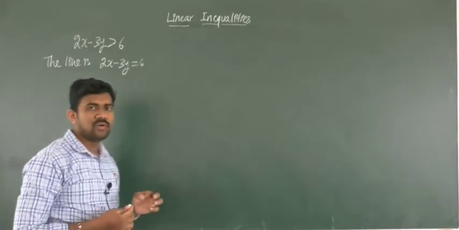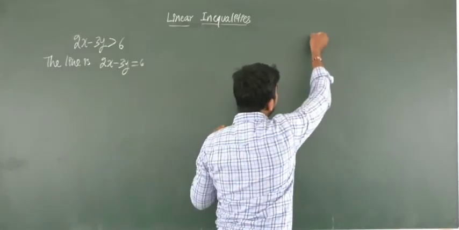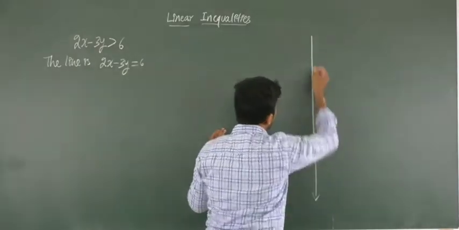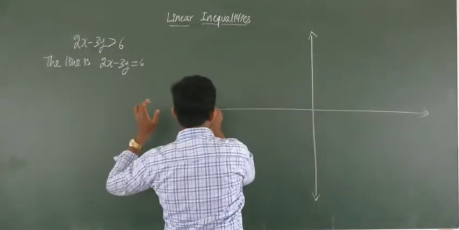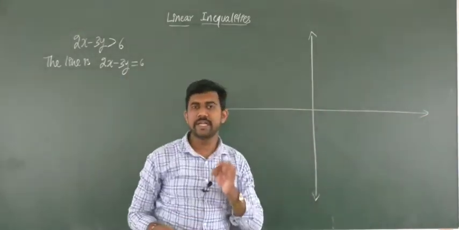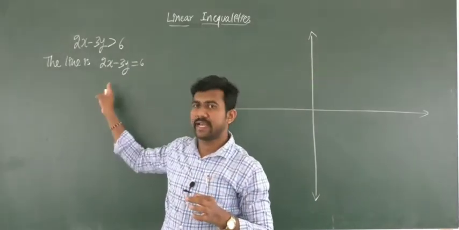Now to draw the line in the Cartesian plane, the two-dimensional plane, we need at least 2 points. So I'll consider the points on the coordinate axis, okay.